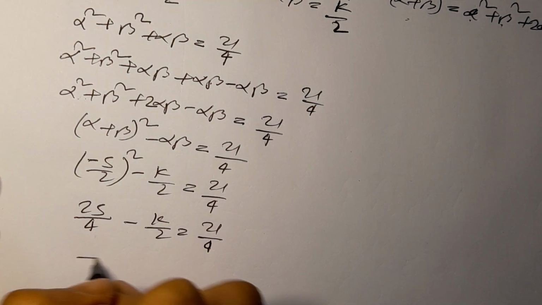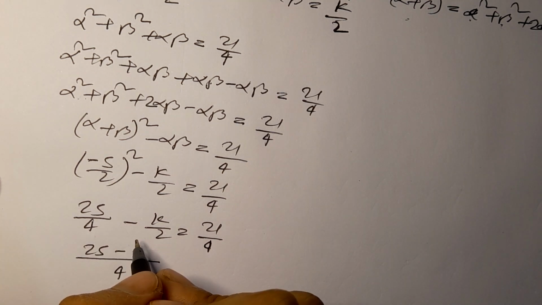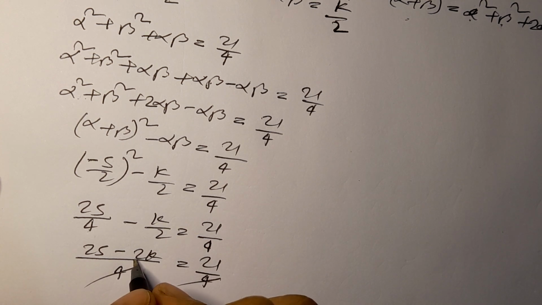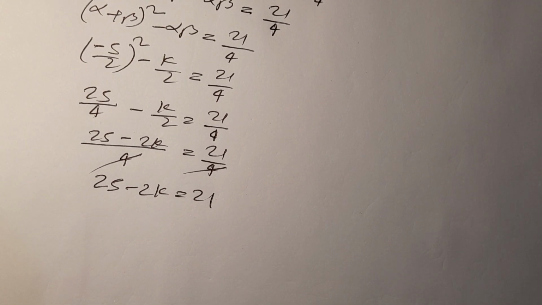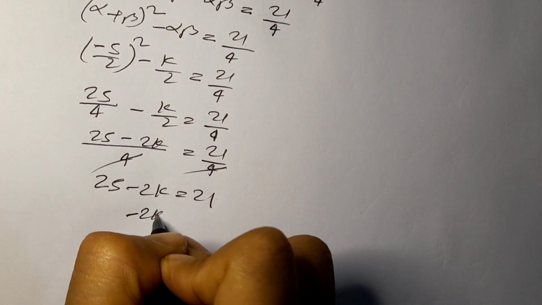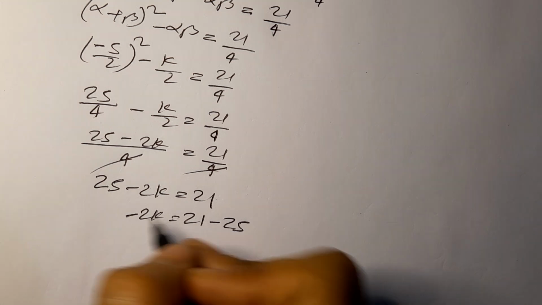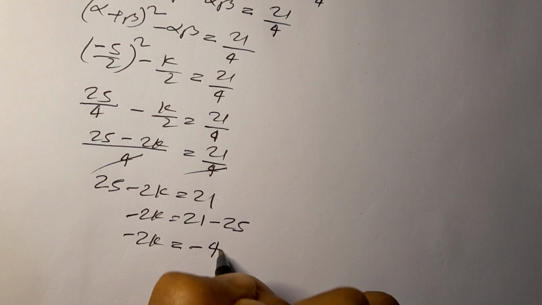Here we can take the LCM, which is 4. So it will be 25 minus 2k over 4 equal to 21 by 4. This side 4 and this side 4 cancel. Now it gives 25 minus 2k equal to 21. Keep the k on this side: minus 2k is equal to 21 minus 25, so minus 2k is equal to minus 4.